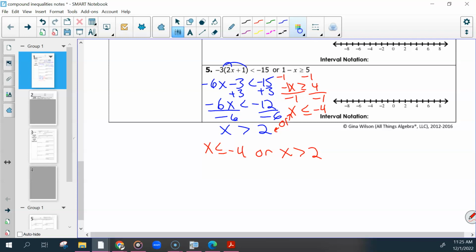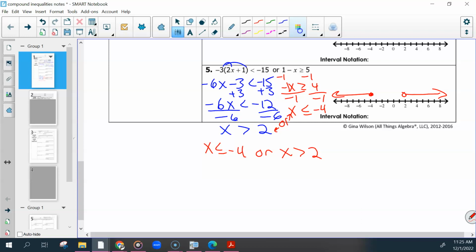Either way does not matter. And then we can graph that. X is less than or equal to negative 4. Closed to the left. X is greater than 2. Would be open to the right. Even if you left it as the original, you would still get that same graph.